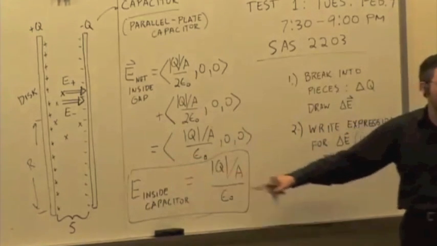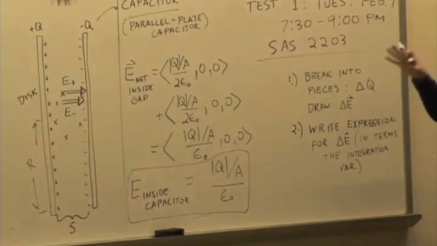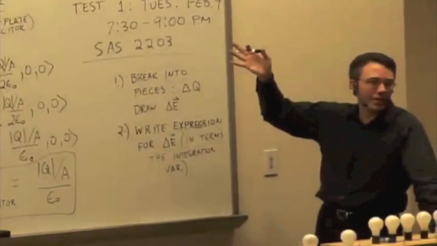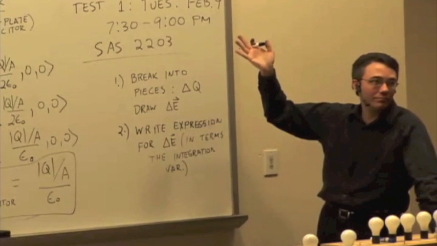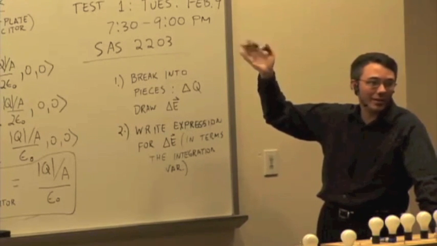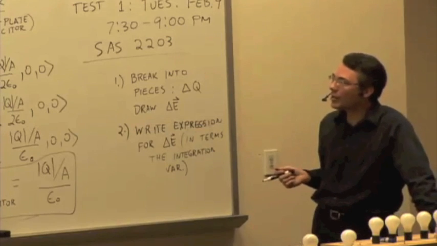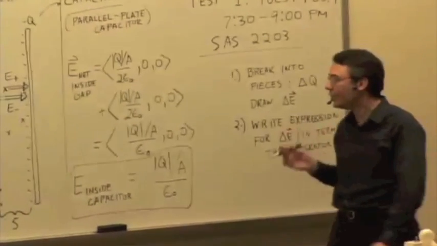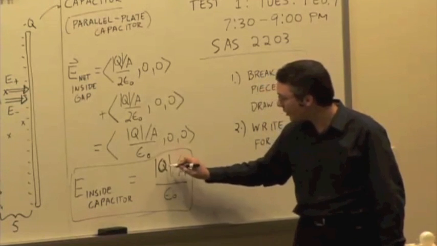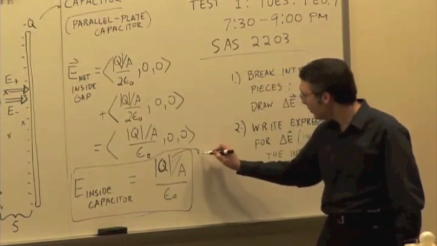So it's important here to realize this Q is the charge of one plate. The total charge of the capacitor is what? If I add those two charges together, I'd get plus Q and minus Q. One's positive, one's negative. So the net charge is actually 0, right? So there's no net charge on a capacitor, it's just a separation of charge. So the Q here is not the net charge, it's the charge of one plate, okay?